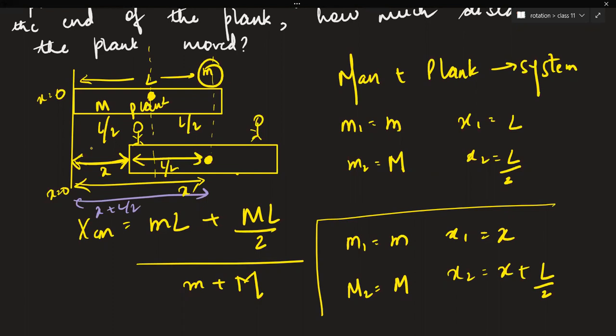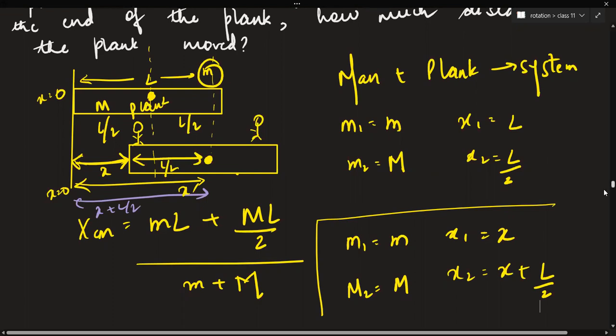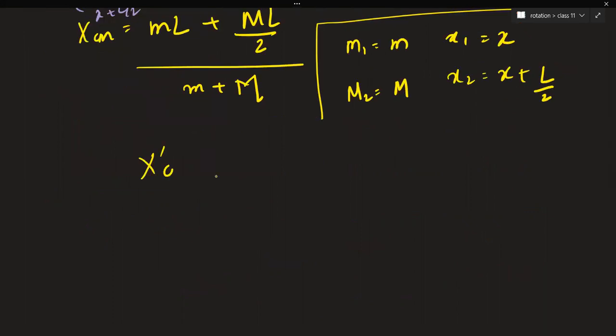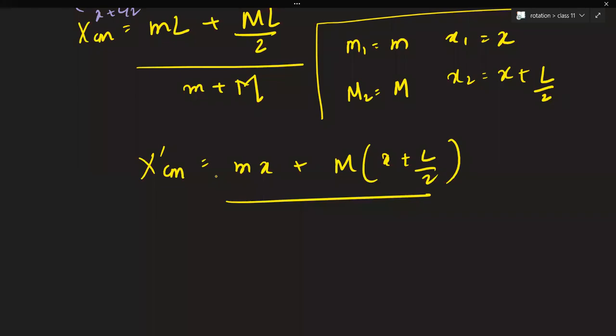Now you again use the formula for the center of mass. X dash cm: m into x plus M into x plus L by 2, divided by m plus M. Now see class, the center of mass will not change. Center of mass conservation will be there.